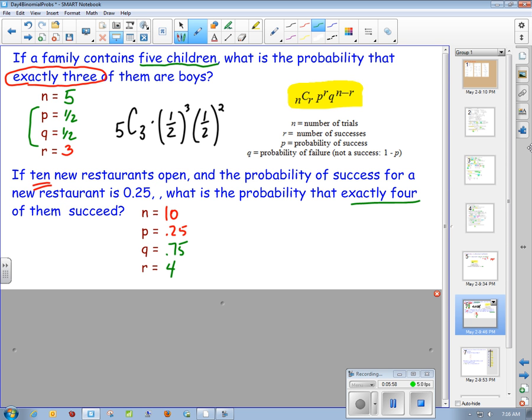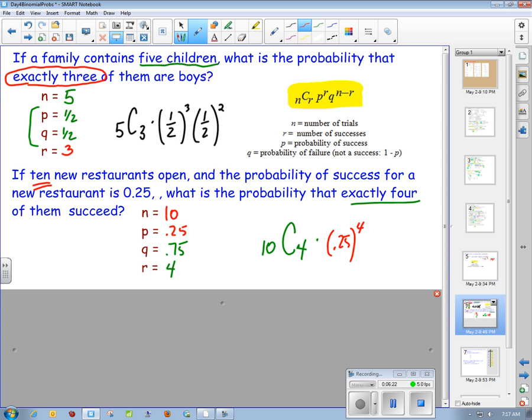And now again, we run the substitutions into the formula. So we're going to start with 10 restaurants, and we're looking for exactly, in this case, 4 succeeding. We're going to multiply by P, which is 0.25. You look at the formula here, you're going to raise that to the R power, so that's the smaller number.